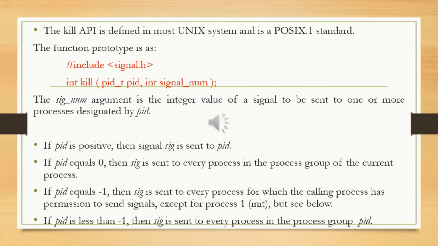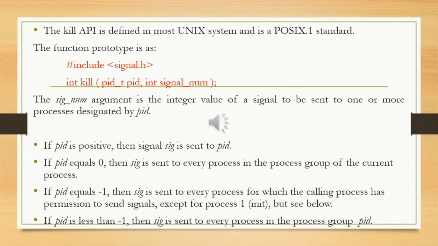If PID equals 0, then the given signal is sent to every process in the process group of the current process.